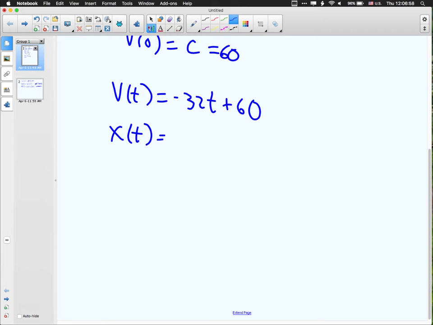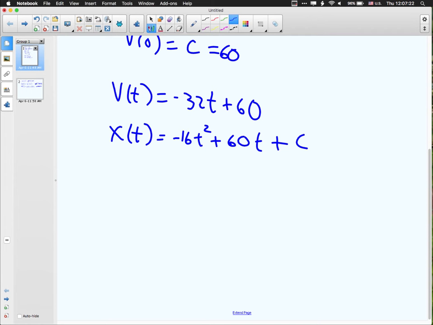What is x of t? Negative 16t squared plus 60t plus c. Oh, great, a new c. Huzzah. How are we going to solve for c?